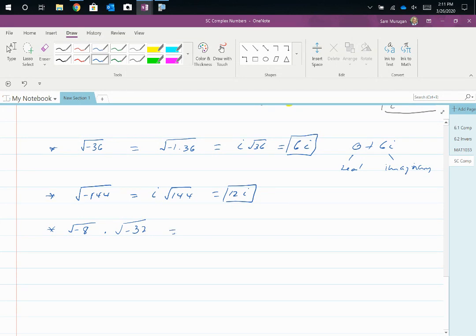So this will become i square root 8 times i square root 32. And now we can go ahead and use the multiplication property for radicals that says we multiply what's underneath the radicals if the powers of the radical are the same. So i times i is i squared, 8 times 32.